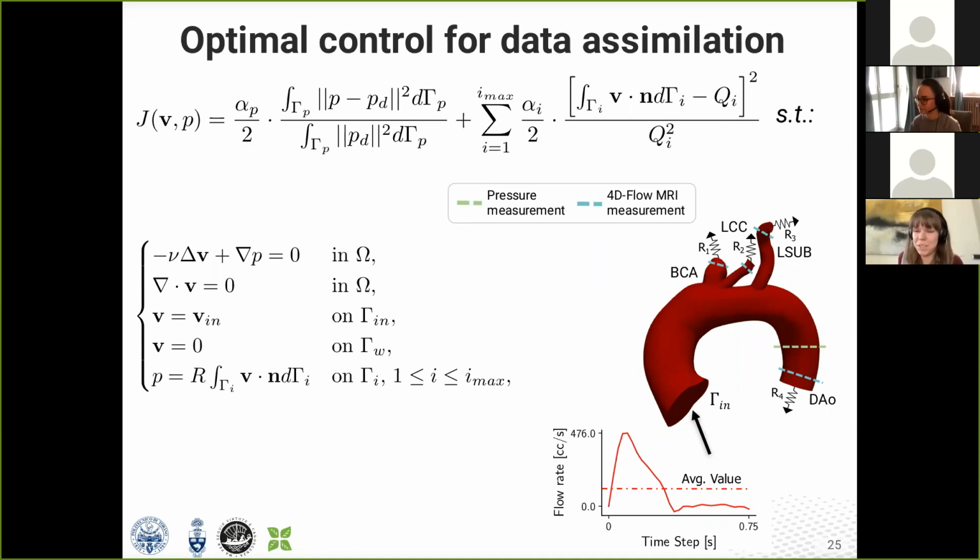Yeah, thank you very much, Elisa, for a very interesting talk. I wanted to ask you about the computational cost of your data assimilation method. So is it expensive to perform this Lagrangian optimization? Well, it's definitely more expensive than solving just a simple Stokes problem. I can give you details on my simulations, how much they cost.